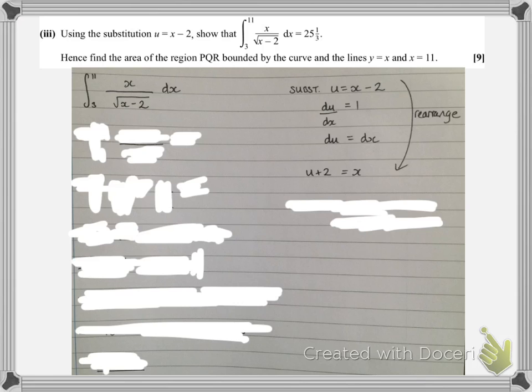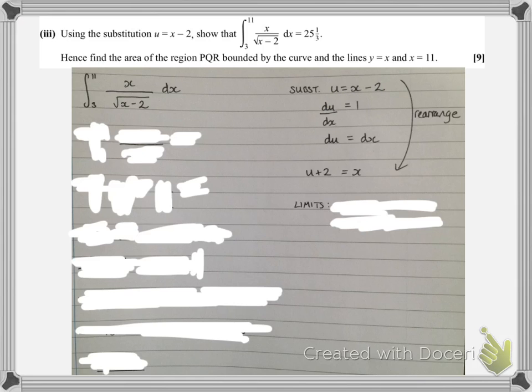So we're nearly there, but there's one more thing we have to remember to do, and this is to look at the limits. This is an integral in terms of x between x values of 3 and 11. We're going to turn it into an integral in terms of u, so we need to know what the u values of our limits are, not the x values. This is very straightforward to do, again just using the substitution.